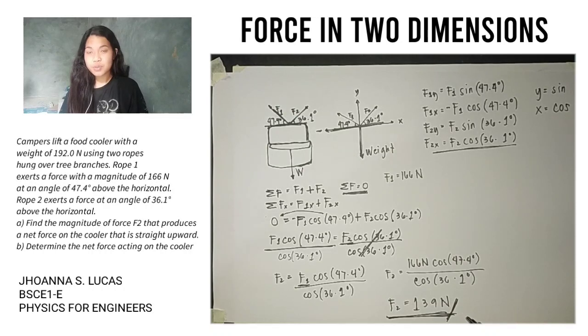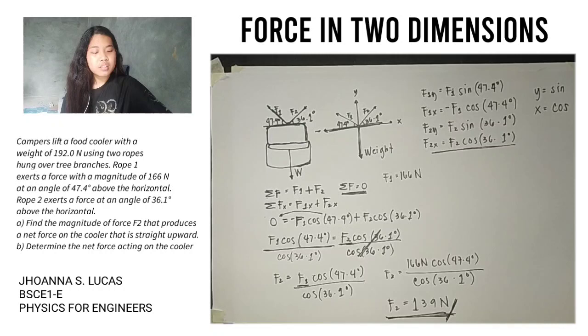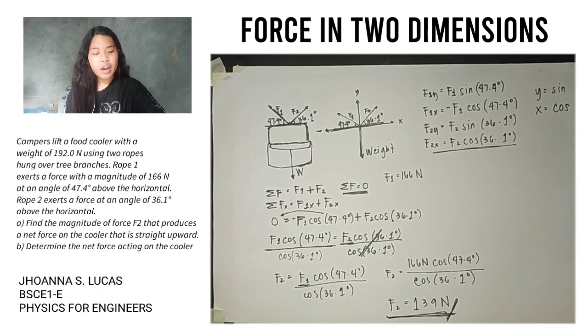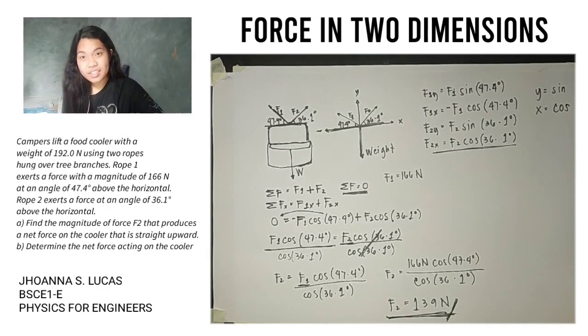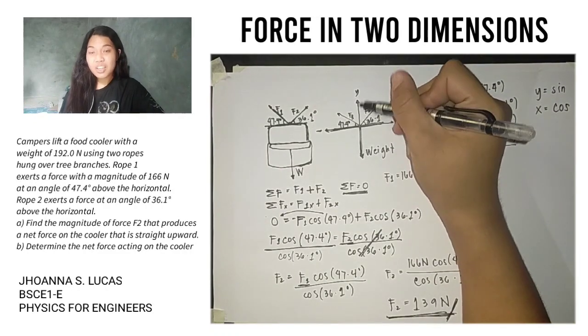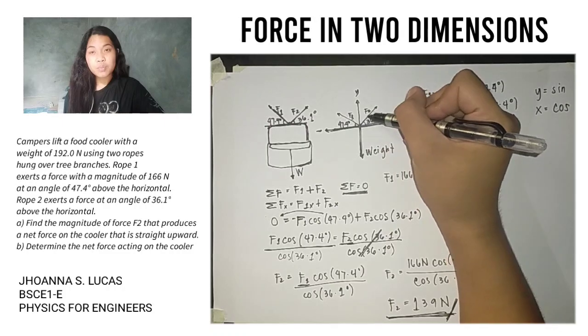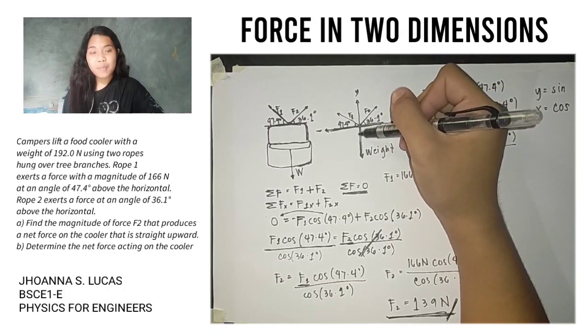After answering the first one, we will answer the second one, which is to determine the net force acting on the cooler. Here we are asked about the direction of the y-axis. Since the rope lifts it up, it will move vertically upward.